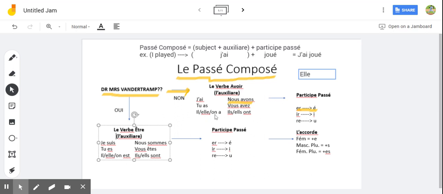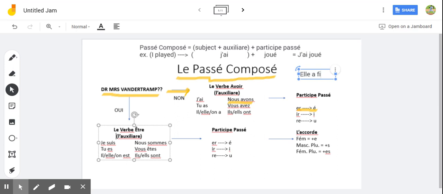So il, elle, on, elle a, and then finish is the verb finir. So I'm going to look at this here again. So IR, if I follow this guide, becomes I. So elle a fini.